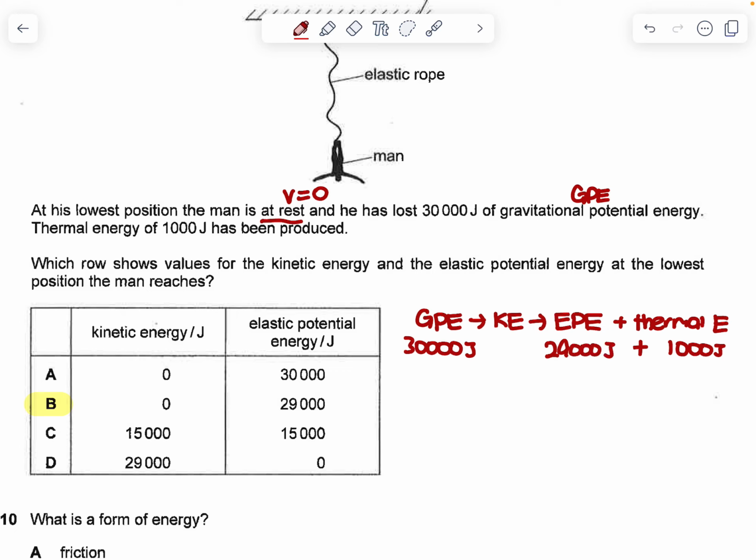Because conservation of energy states that energy cannot be created or destroyed and can only be converted from one form to another. So kinetic energy, because at rest V equals 0, KE is 0, elastic potential energy is 29,000, thermal energy is 1,000 joules.